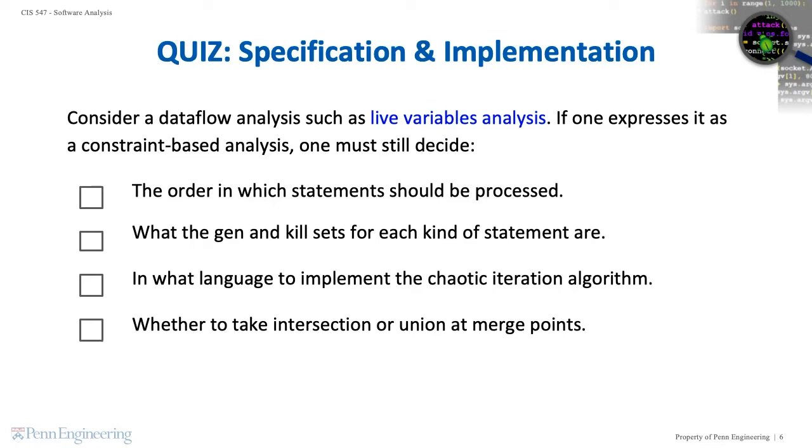The order in which statements should be processed, what the gen and kill sets for each kind of statement are, in what language to implement the chaotic iteration algorithm, and whether to take intersections or unions at merge points. Check all that apply.